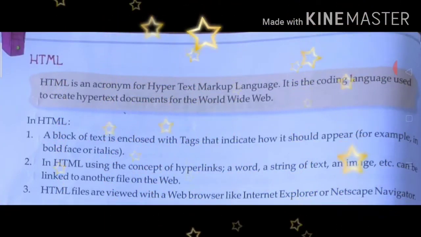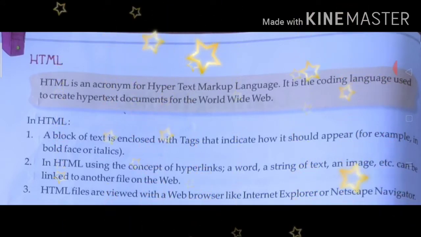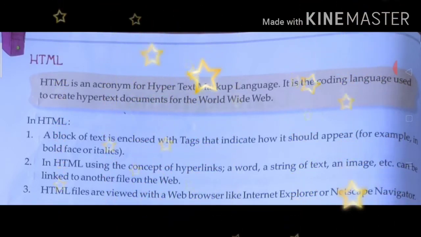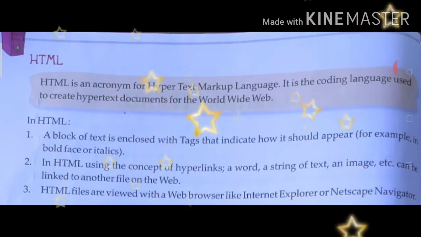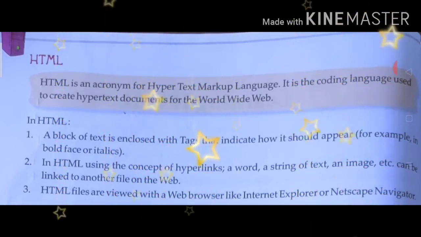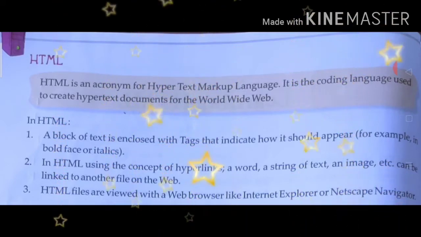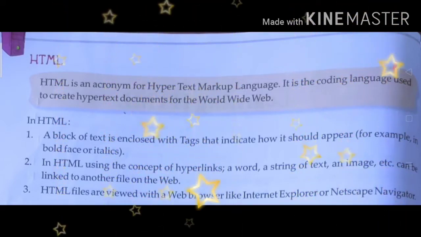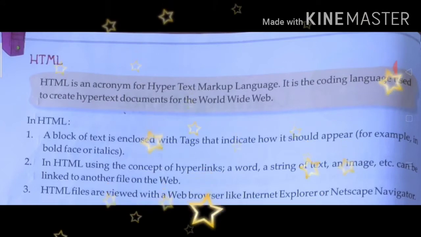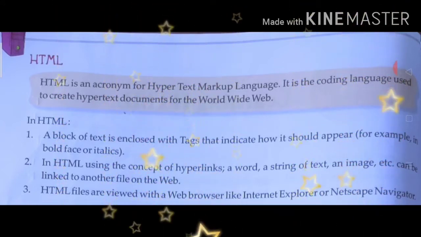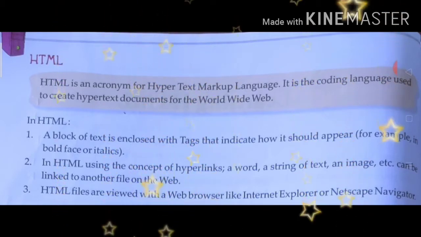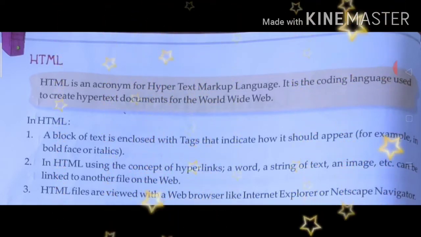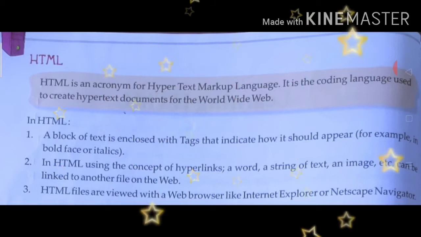HTML. HTML is an acronym for Hypertext Markup Language. It is the coding language used to create hypertext documents for the World Wide Web. In HTML, first point, a block of text is enclosed with tags that indicate how it should appear, for example, in boldface or italics.